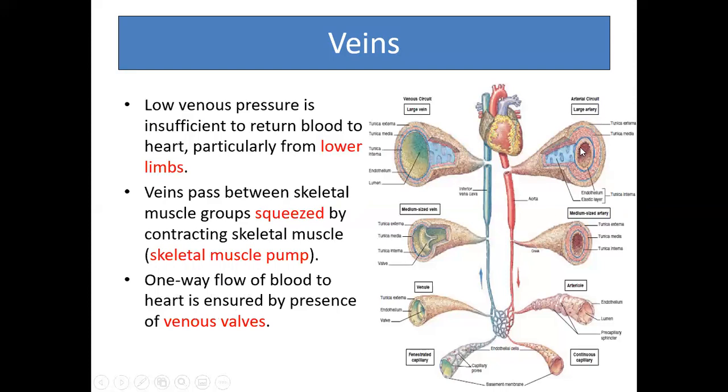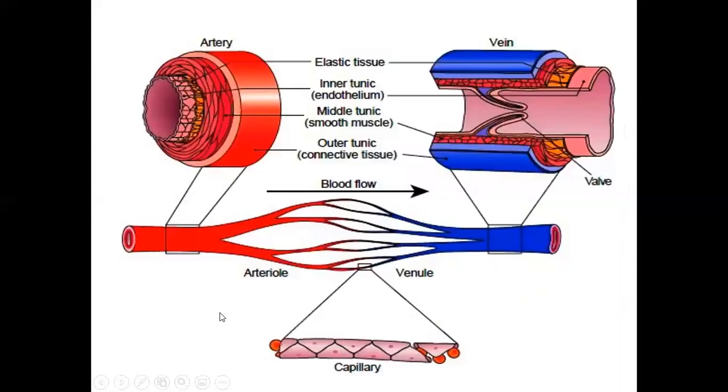In the artery, we don't have a valve, but here we have the venous valve to ensure that flow happens in only one direction. There is no backflow. So that is the importance of the venous valve.